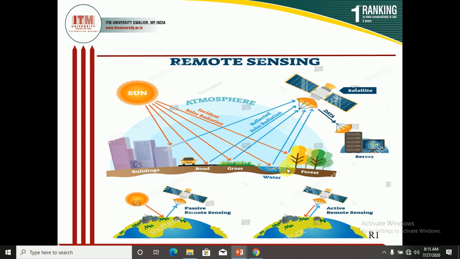Certain radiations are reflected back to the satellite and collected by it. The signals are sent back to the remote station, further processed, and specific information about the object is interpreted. This is what happens in active remote sensing. So here there is no natural source of light; the radiation is emitted by the satellite only.